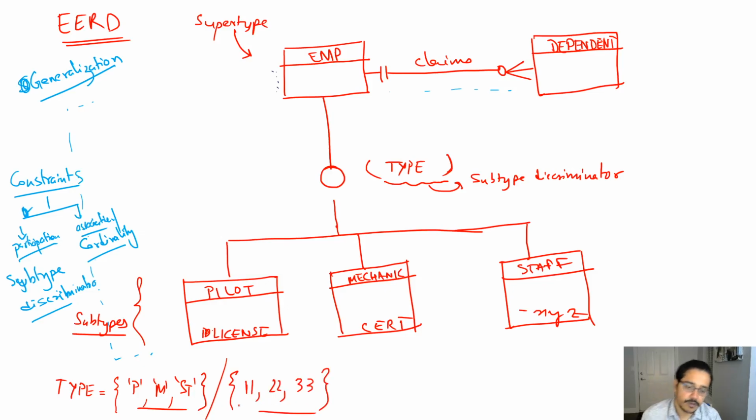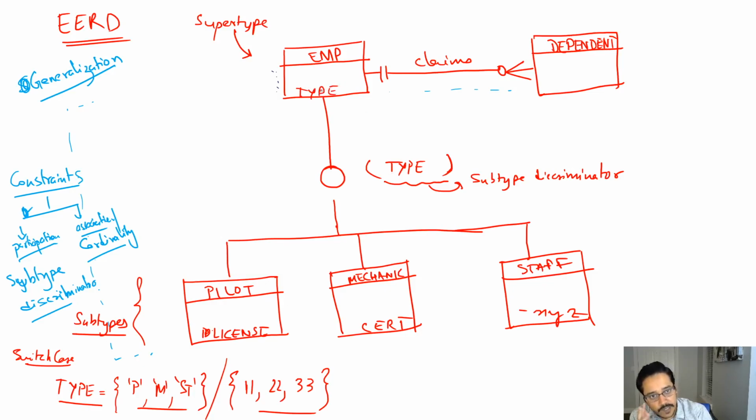Any kind of numerical coding. But the idea is if you write a procedural program where you have to run a switch case statement, this attribute is basically the different cases, and these subtypes are the blocks of code where your compiler will take you. So here I have type, and type has to be present here as well.